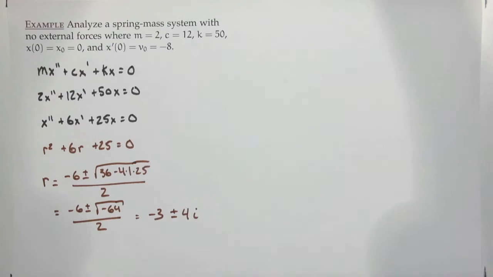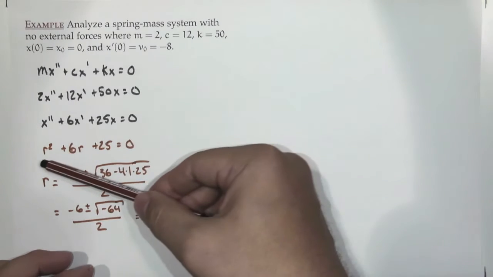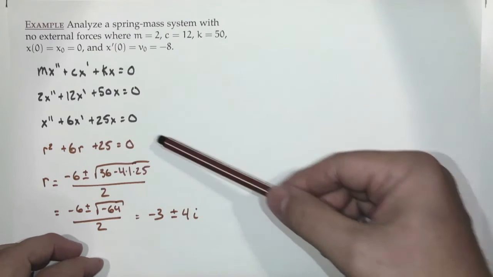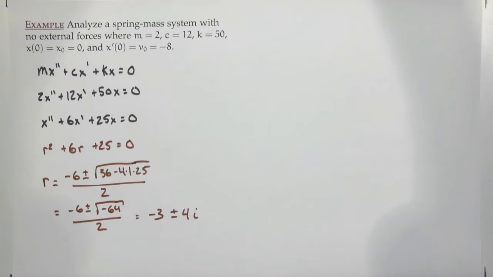Because when we see complex roots as solutions to these kinds of equations, going back to our differential equation, what's going to be showing up? Sines and cosines show up. Sines and cosines are things that oscillate. What else oscillates? Springs oscillate. So it's not that unusual to see complex roots in spring mass systems.